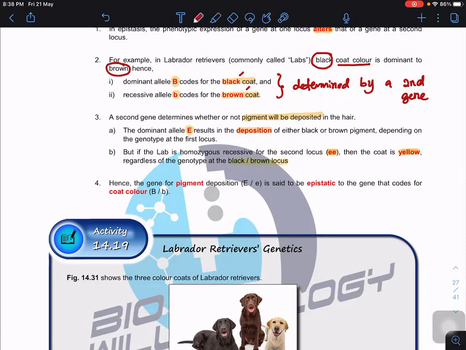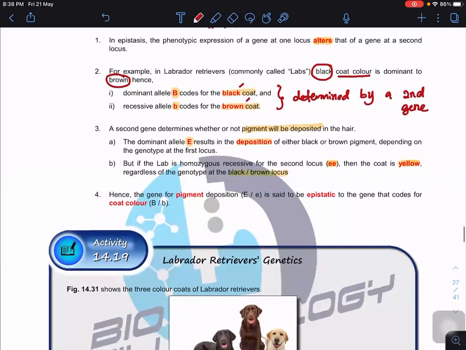So if we look at this, we will be able to figure out now. If you want to have a Labrador retriever with three phenotypes, we're going to have black, we're going to have brown, we're going to have yellow.